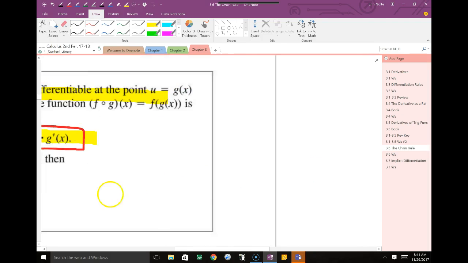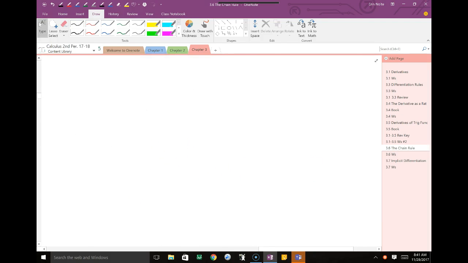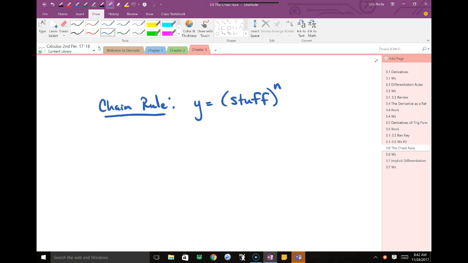So the chain rule in, we'll call it in nullity terms, is when we have a scenario, let's say our function is, we're going to call it stuff to the nth power. It's really easy to identify when you would use a chain rule because often you have something that's in parentheses, some kind of quantity that exists inside something else. So the derivative is going to be the derivative of the outside.